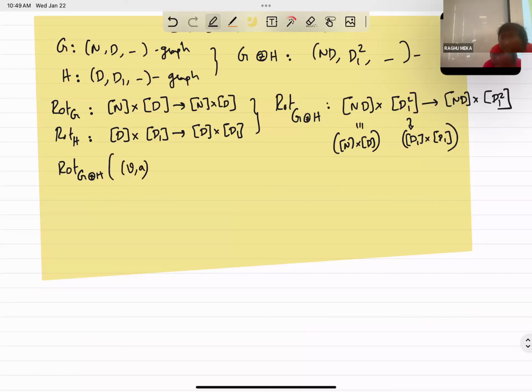I take (v, a), which is the label of the vertex, and (k1, k2), which are the edges, and I compute the following.